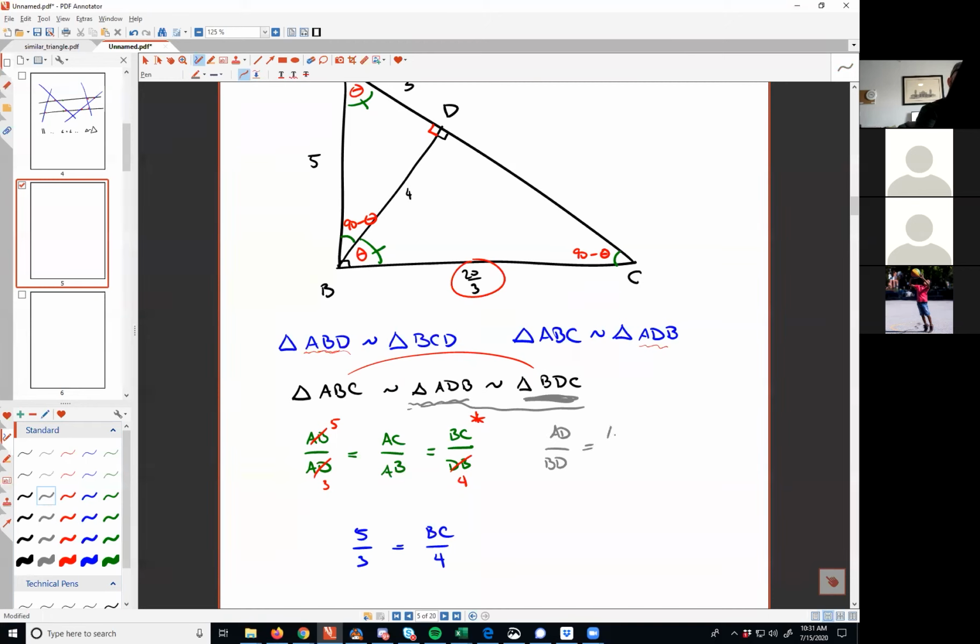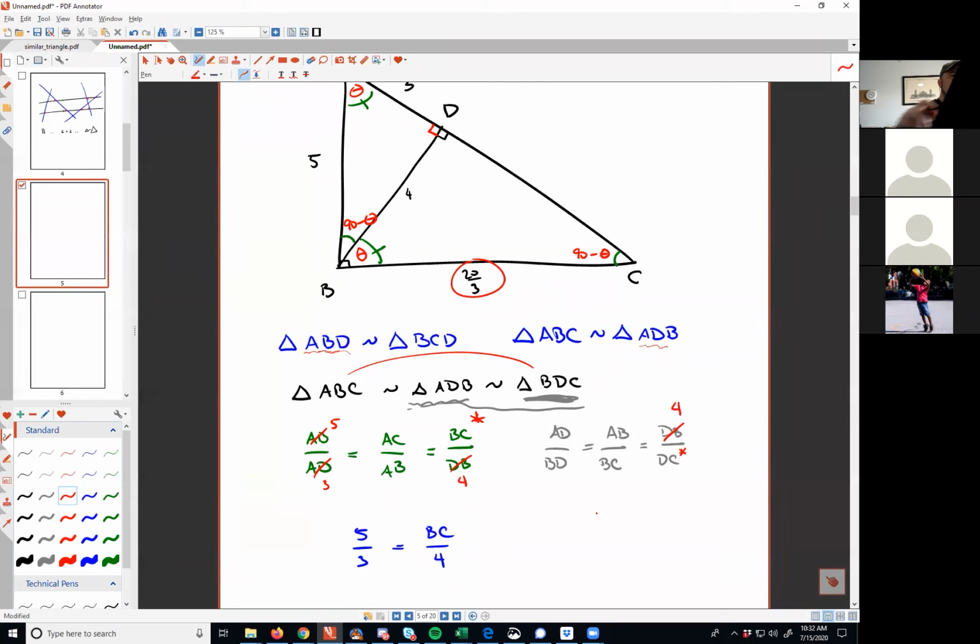Early on, even if I can do this in my head or in some other way, I want to be as deliberate as possible in order to get practice seeing and making use of the equations that result. So we want DC, which is right here. BD is equal to 4.